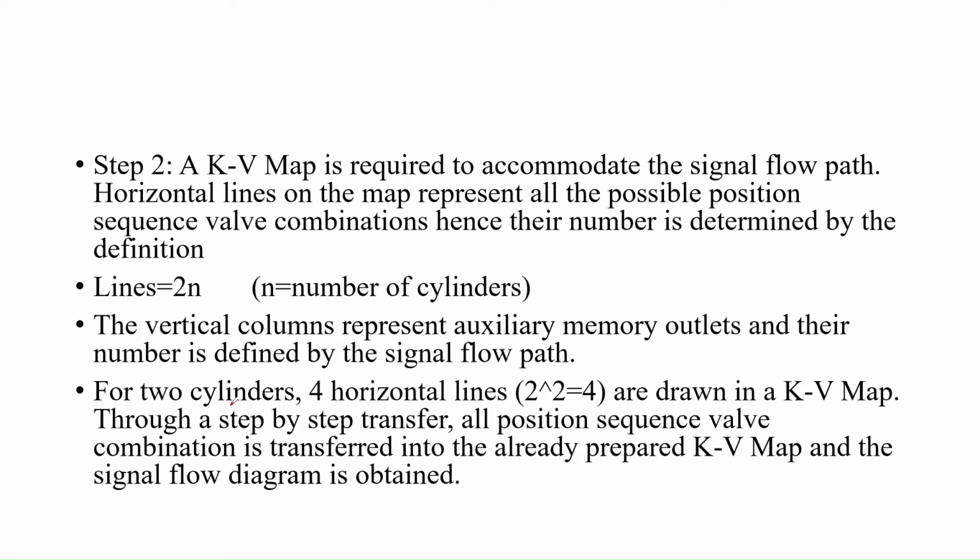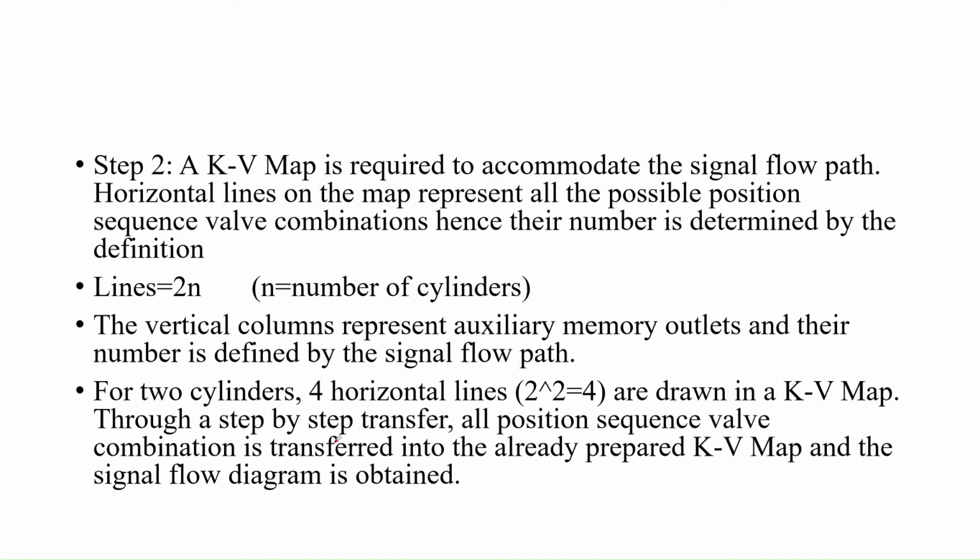We have two cylinders here, cylinder A and cylinder B, so we need 4 horizontal lines in the KV map. These horizontal lines on the map represent all the possible position sequence value combinations, hence their number is determined by this 2^n equation. The vertical columns represent auxiliary memory outlets, and their number is defined by the signal flow path.